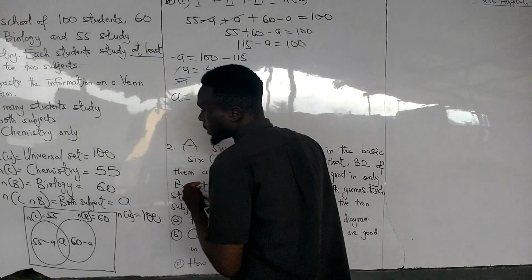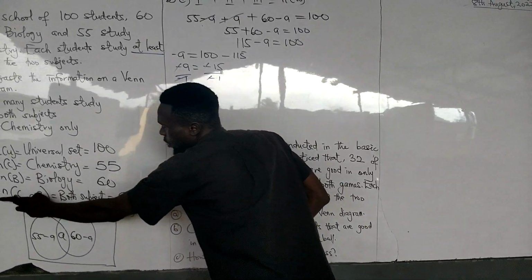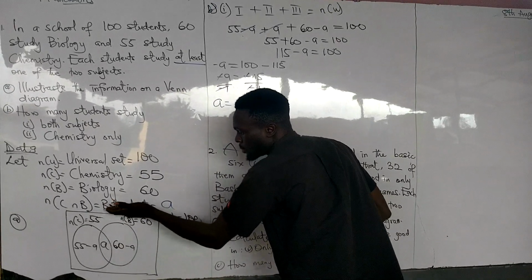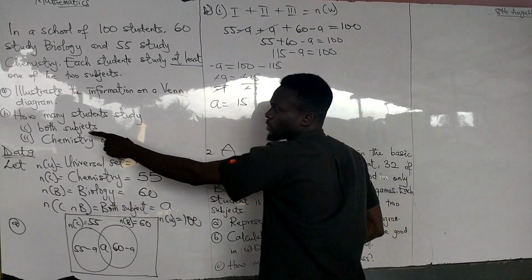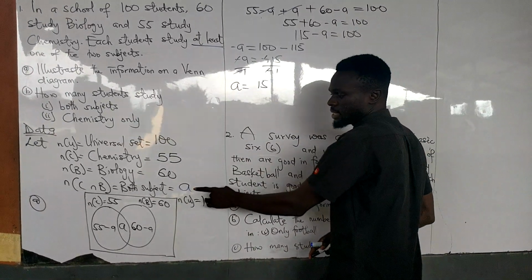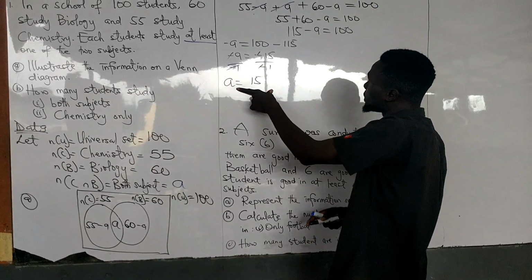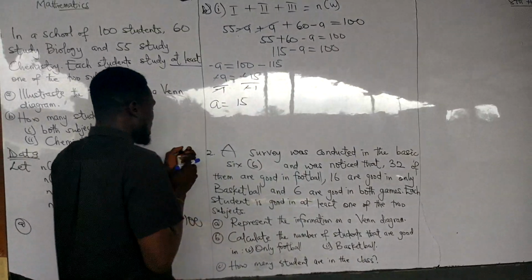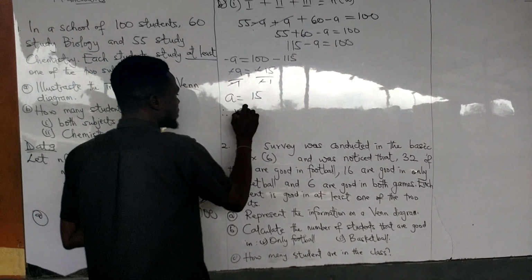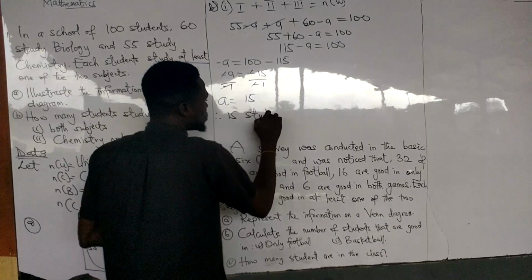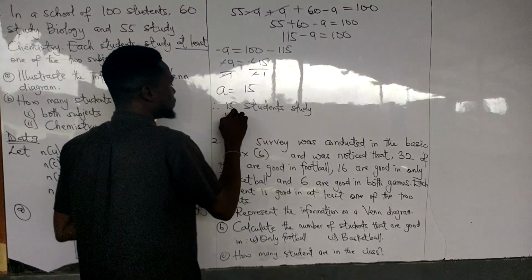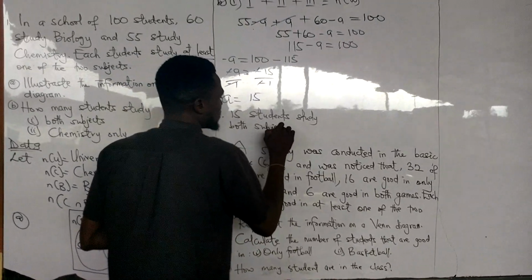From our data, we said let the number of C intersection B, which is region II, both subjects, be A. So if we have been asked to calculate how many students study both subjects, and it is A, here we have A to be 15. So we are going to say, therefore, 15 students study both subjects.